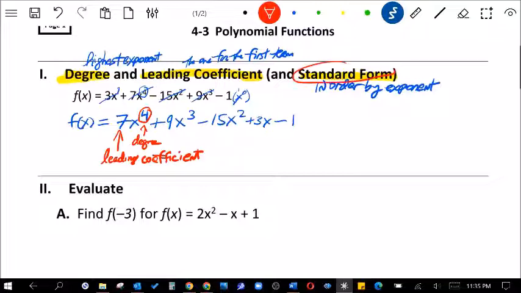And standard form because it's in order by the exponent. So this does answer the question, what are the three things? The 4 because it's the highest exponent, the 7 because it's the coefficient of the first term, and in order is by exponents, 4, 3, 2, 1.